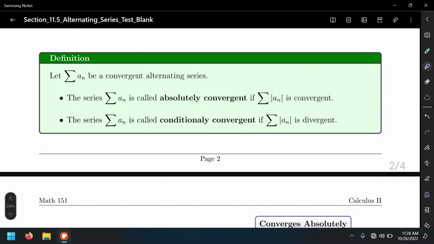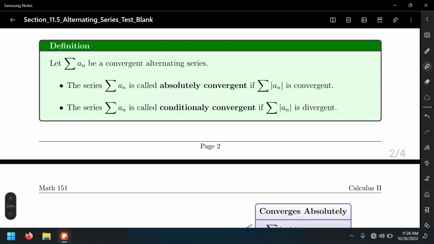So we will check the new series, and if that new series converges, then the original alternating series will converge absolutely, because that series converges both in its alternating form and in its absolute value form.